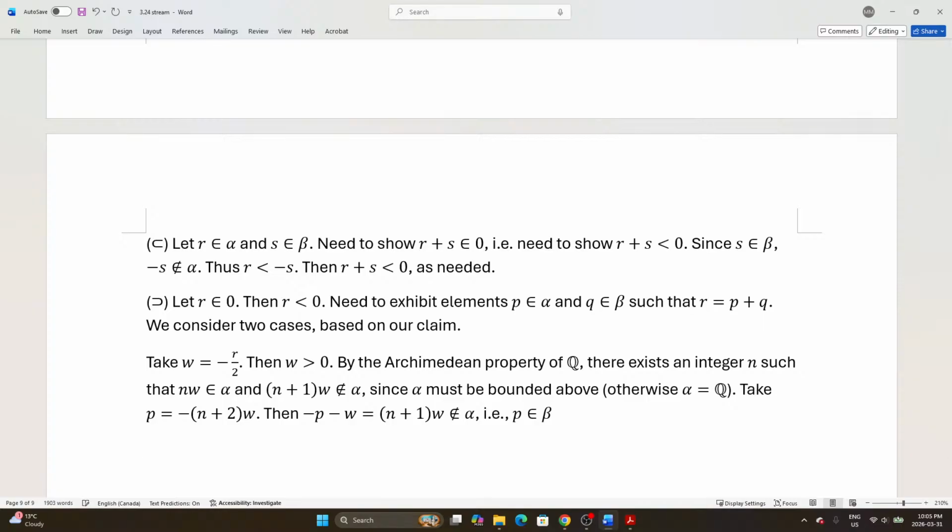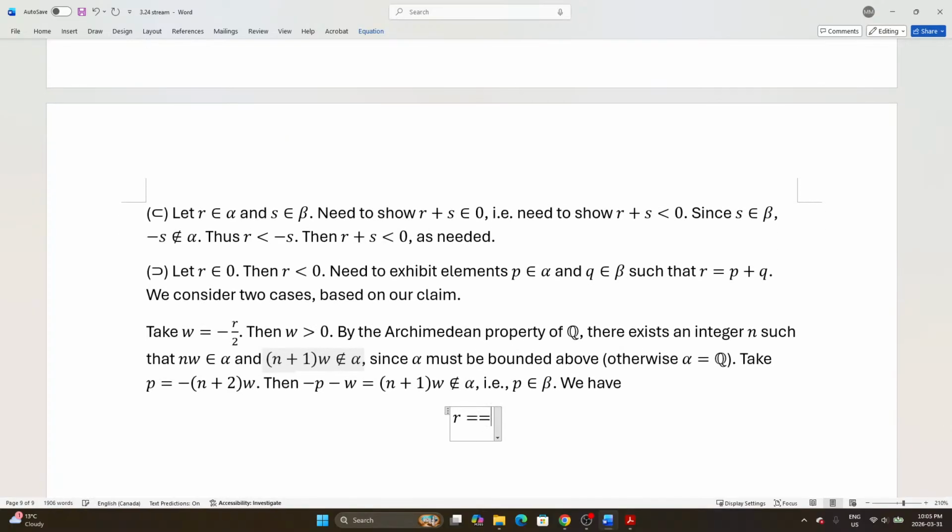We have this r. r is equal to minus 2w, which is p plus nw, because p is minus (n plus 2)w.